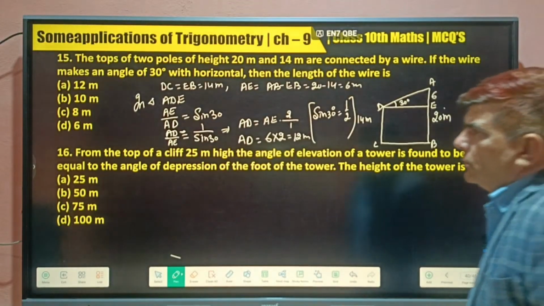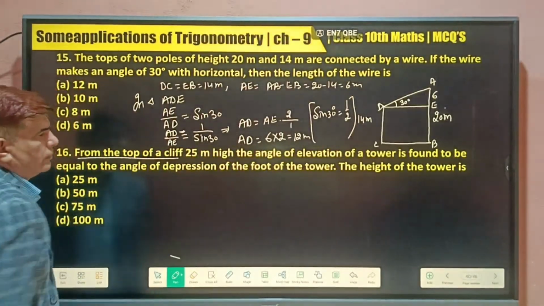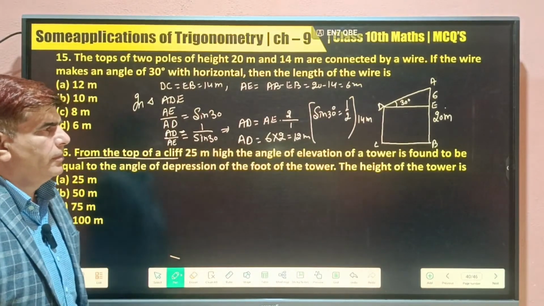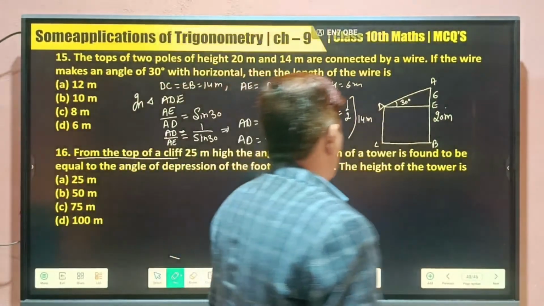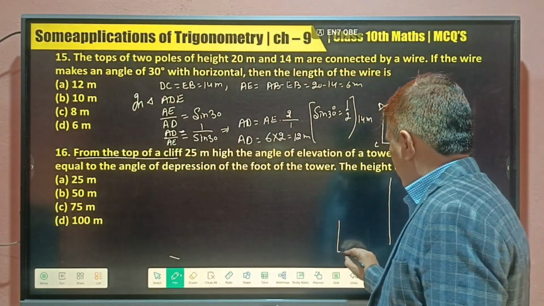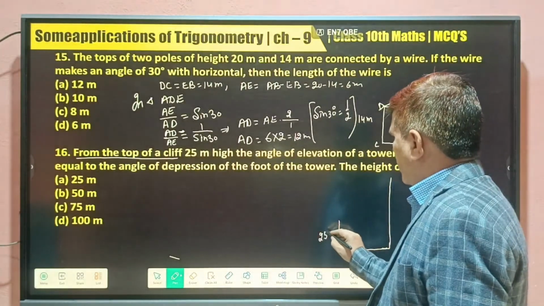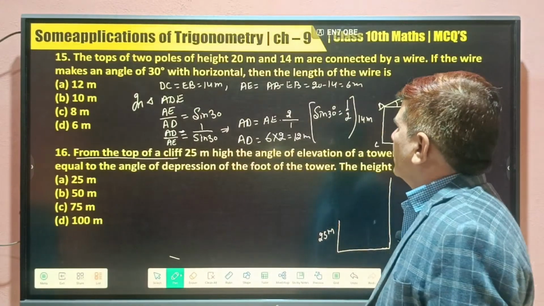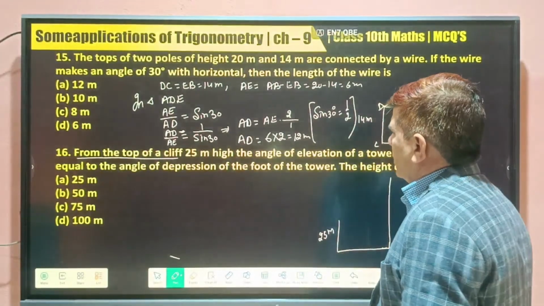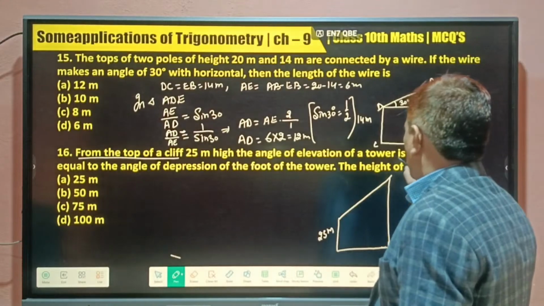Next. From the top of a cliff 25 meter high, the angle of elevation of the tower. So this is a tower, and this is a cliff whose height is 25 meter. Angle of elevation of the tower is found to be equal to the angle of depression of its foot. So one angle is formed here.